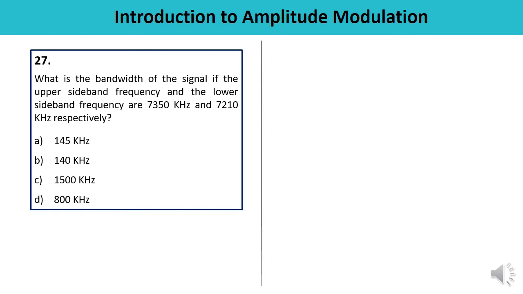Bandwidth is the difference of the upper sideband frequency, frequency of upper sideband minus frequency of lower sideband. Here 7350 minus 7210. So you will be getting this particular value as 140 kilohertz. Means the answer is B.